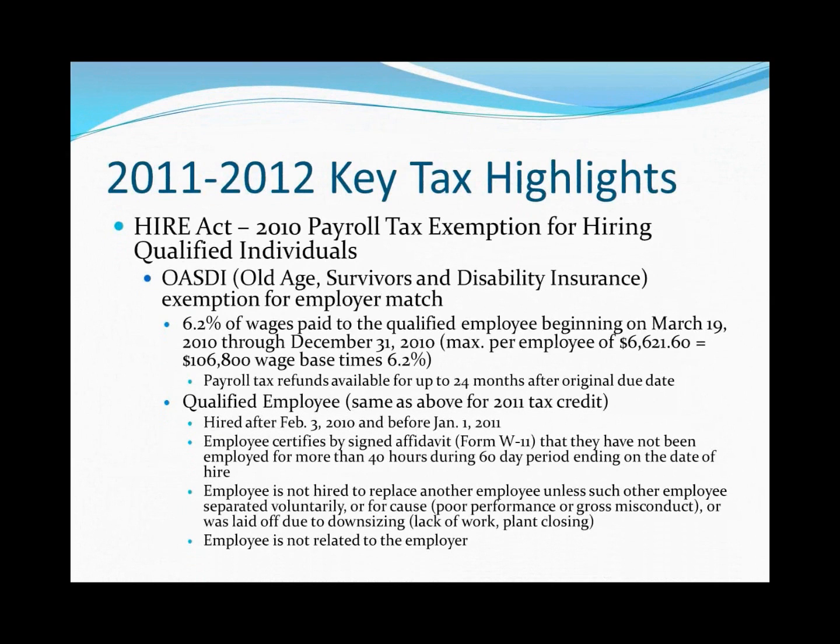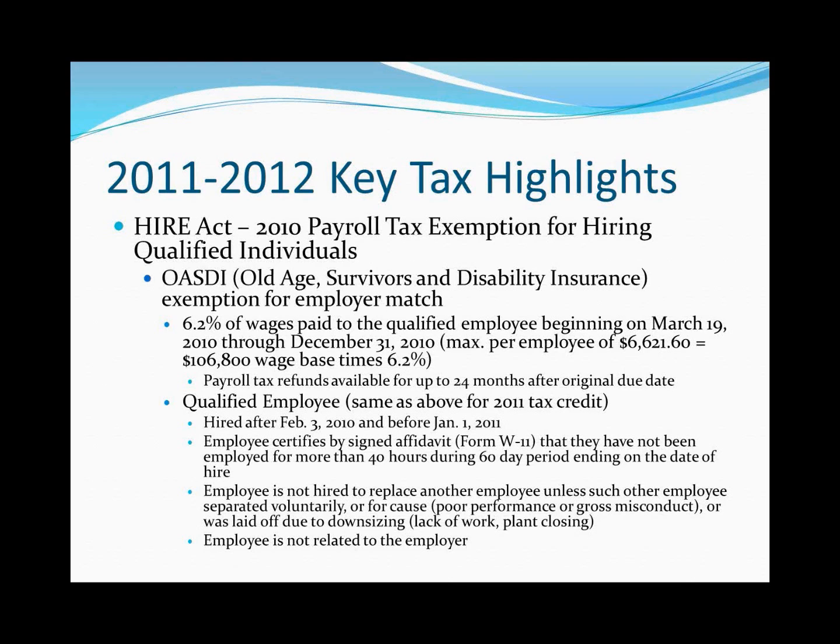Probably should have done this in reverse order, but back in 2010, there was a payroll tax exemption for hiring qualified individuals. A qualified individual employee, as you look there at the bottom of the screen, was someone that was hired after February 3rd, 2010 and before January 1st, 2011. And the employee had to certify on a Form W-11 that they had not been employed for more than 40 hours during the 60-day period ending on the date of hire.